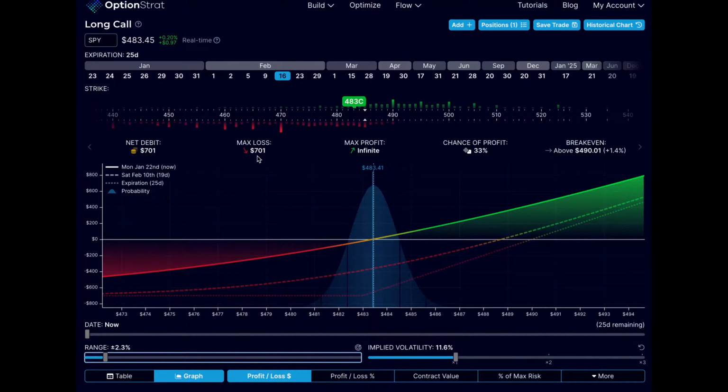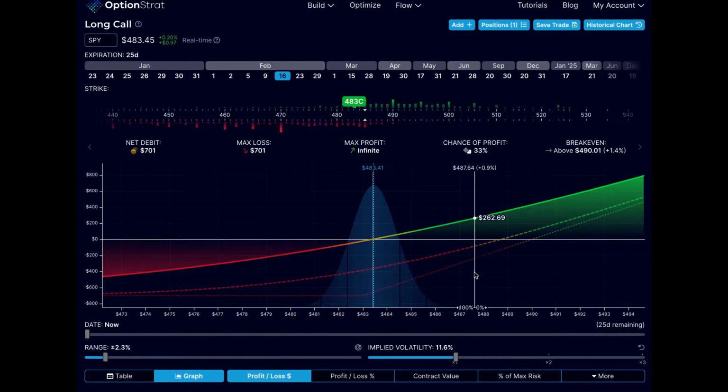So anyhow, as I'm looking at this, a couple other key things that I can look at is, in addition to seeing volatility, sliding my date, etc., I can just slide my slider up and down here. And I want you to notice a couple things. If I slide up to here, for example, this will show me right up here what the current market is. Well, up here, the market would be at 486.